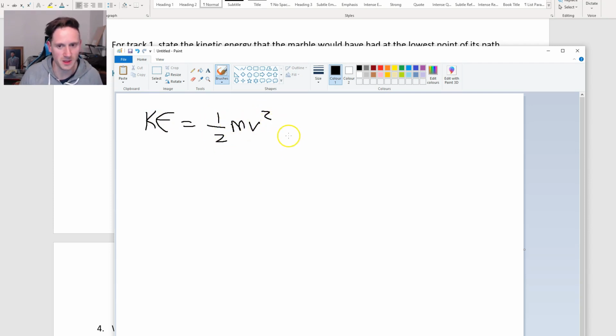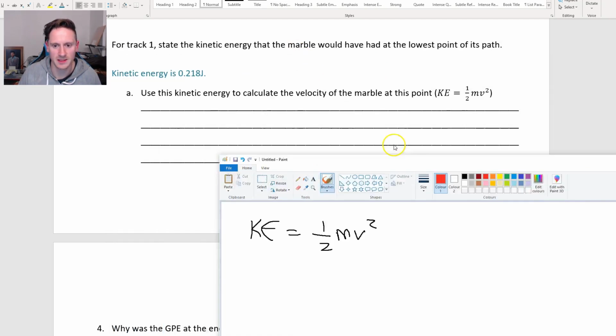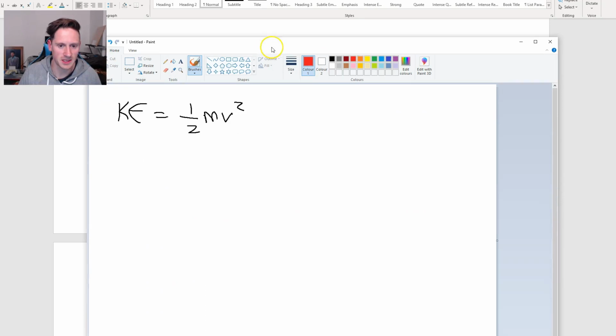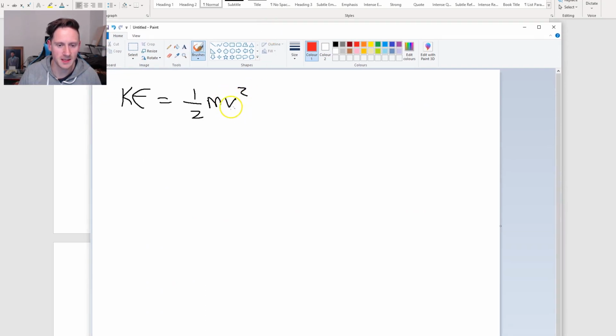We're going to rearrange a formula. I'll show you how to do it. So we want to get velocity because it's saying calculate the velocity of the marble at this point. So I want to get this thing by itself. Rearranging formulas is so important in physics. If you're doing physics or chemistry in stage 1, stage 2, you need to be able to do this. So it's good to get it out of the way now. Inverse operations, guys. So velocity is multiplied by mass and by a half.